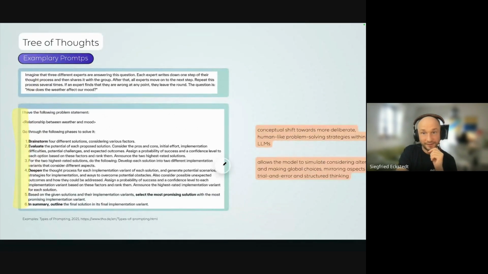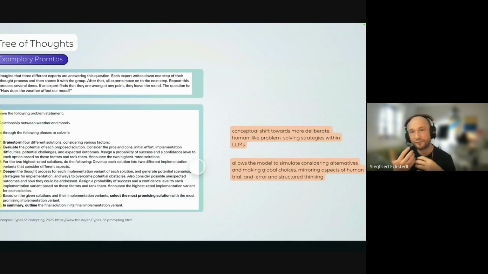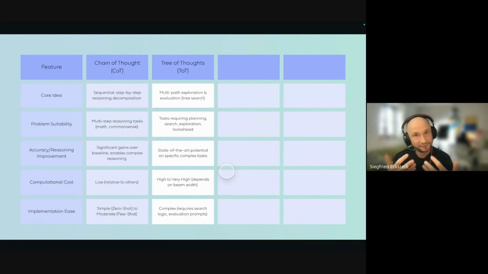So this is very good if you want to have a more human-like problem solving with your large language model. Maybe also for strategic planning, if you're not happy with just one option, but you want more options and you want the model to reflect something like a trial and error or structured thinking process. This is tree of thoughts.